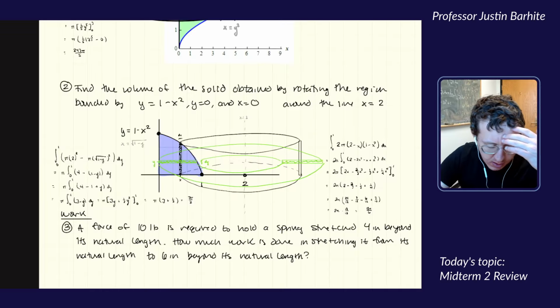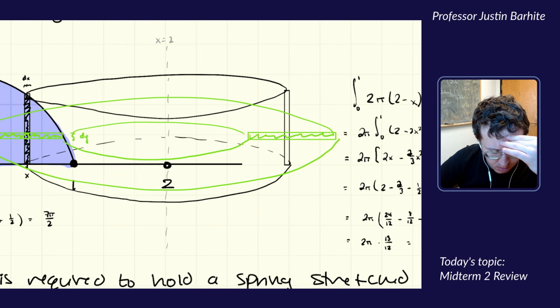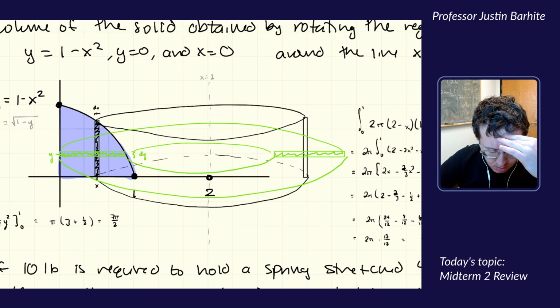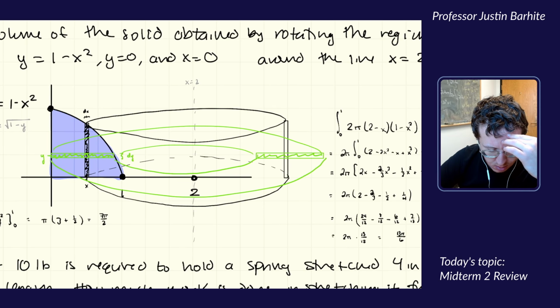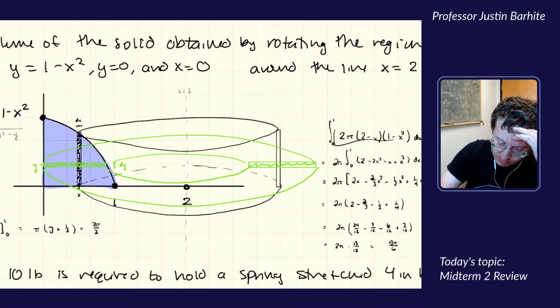Okay, I'm doubting this one a little bit more. 2 pi times the radius times the height.